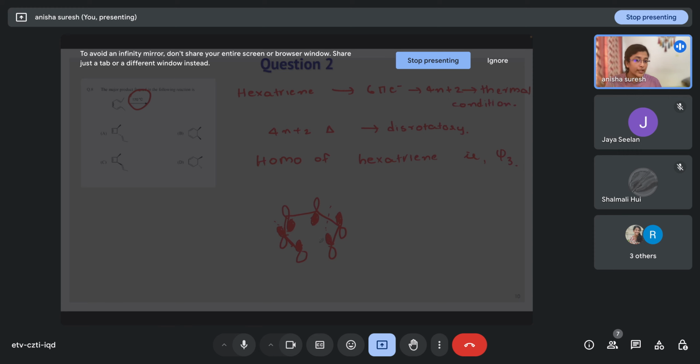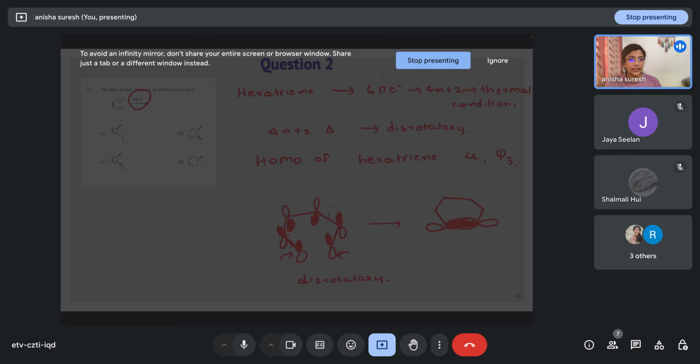So for constructive overlap to take place between these two orbitals at the terminal carbons, the rotation should take place in this fashion. If one is moving in the clockwise direction, the other should move in the anti-clockwise fashion, leading to constructive orbital overlap. Okay. So since both these arrows are in the opposite direction, this is known as disrotatory mode of rotation.